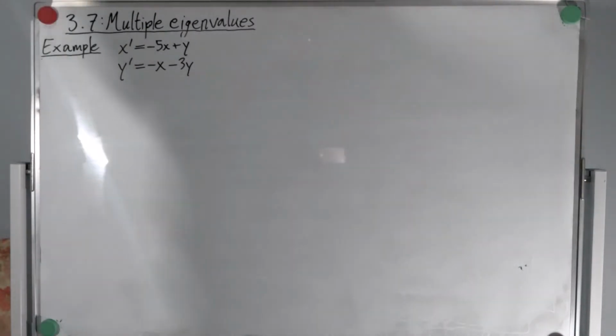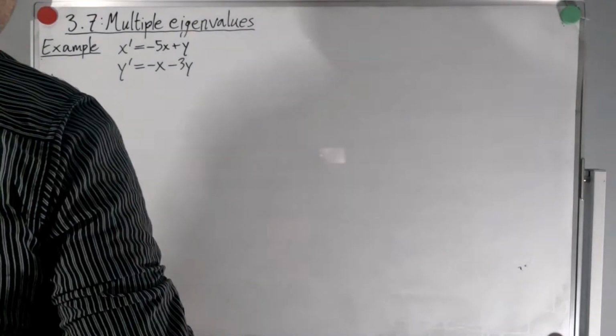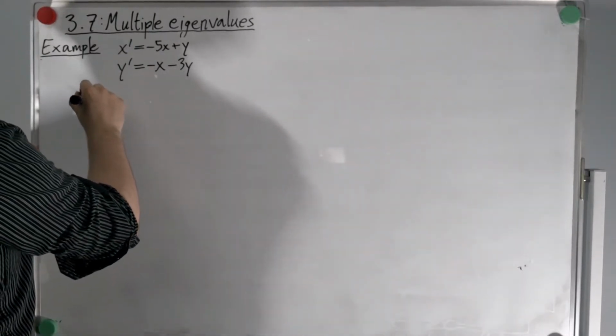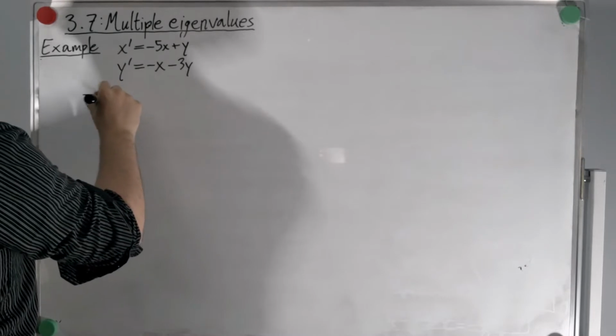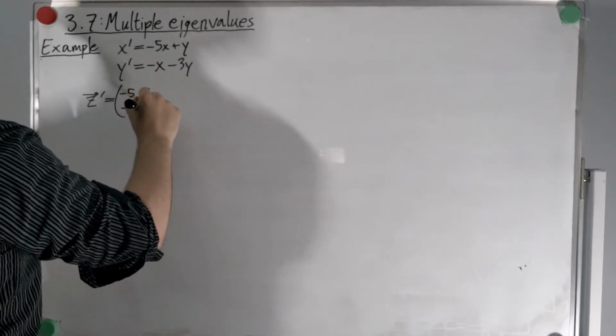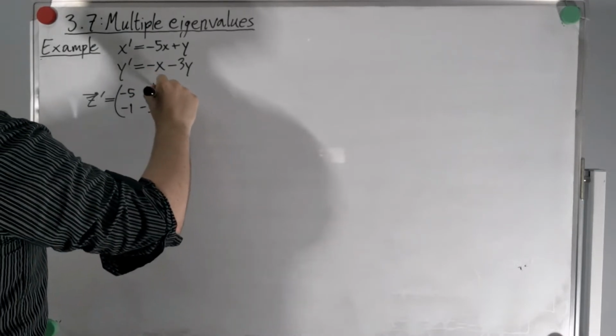So to find the general solution of this system, first of all, we're going to convert it to a matrix equation. We're going to write this as z vector prime equals negative 5, 1, negative 1, negative 3 times z vector.